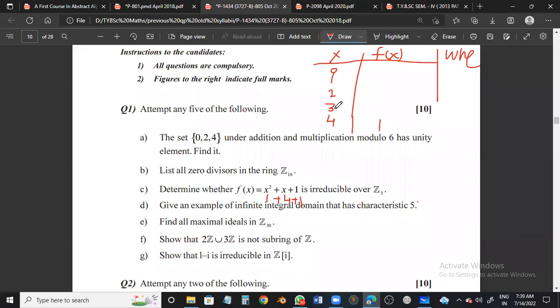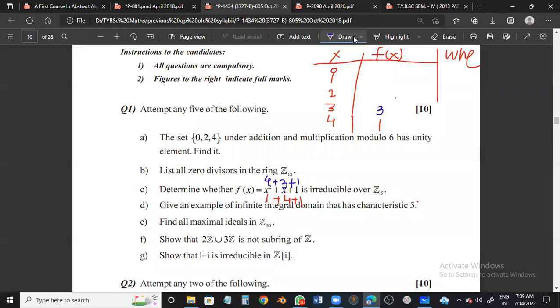If I go with 3, what will I get? 3 square is 9. 9 divided by 5 gives 4. Plus 3 and plus 1. So 8 divided by 5, the answer is 3 here. So not a 0.